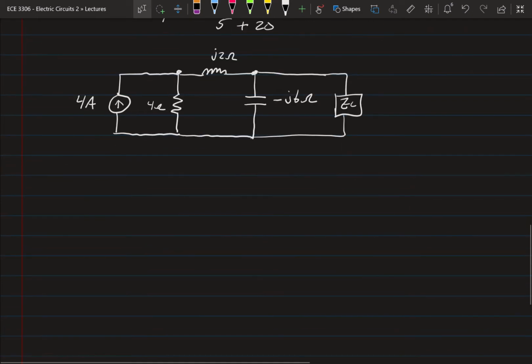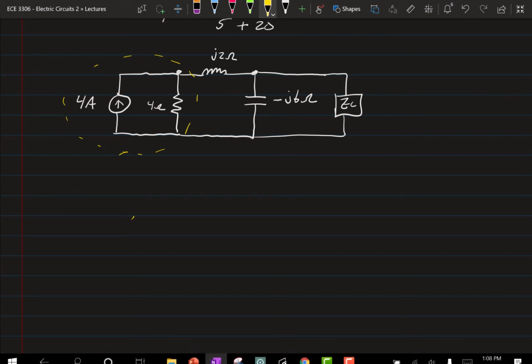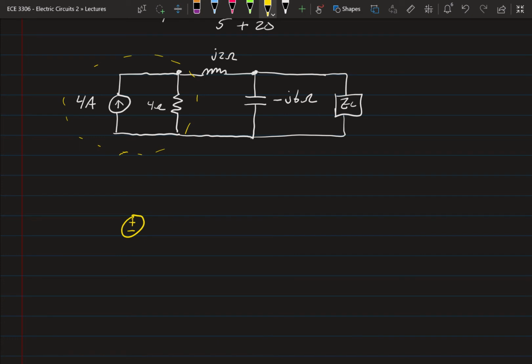Okay, so next up we need to take this and convert it back to its Thevenin equivalent circuit. So we're going to have some voltage that we need to calculate in just a second, in series with 4 ohms, and also in series with our j2 ohms.